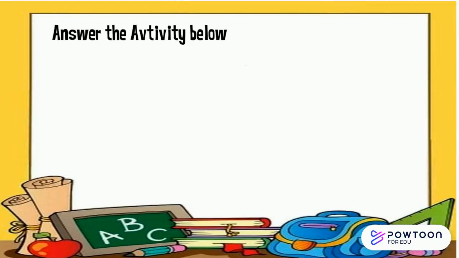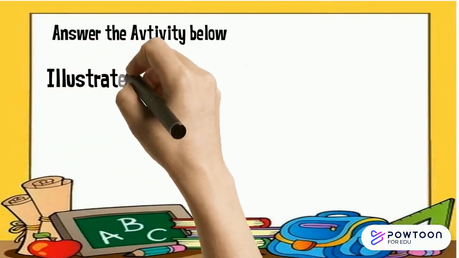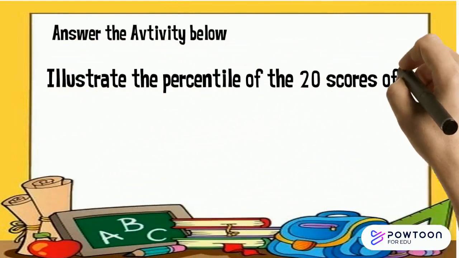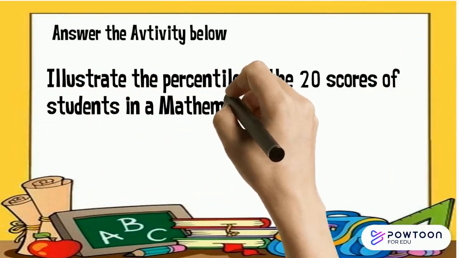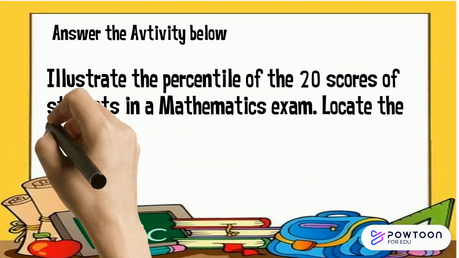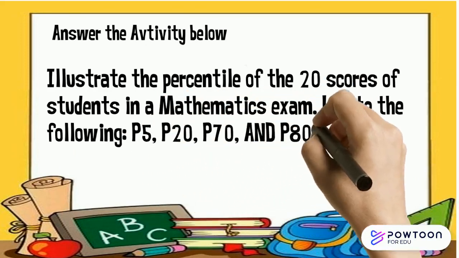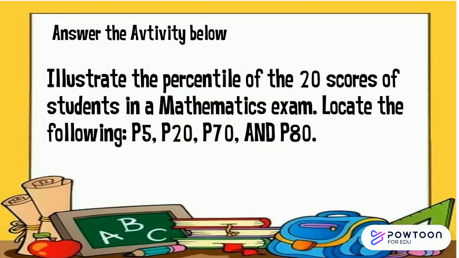This time, let us answer the activity below. Illustrate the percentile of the 20 scores of students in a mathematics exam. Locate the following: P5, P20, P70, and P80.